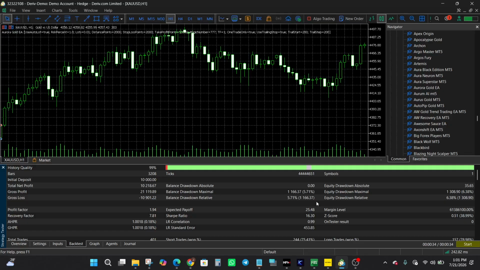Now I want to be clear that this is historical testing performance, and it is not a projection of what happens going forward. This reflects one broker environment, one specific window, and one set of settings. The spread conditions, slippage, and broker execution can all shift these numbers on a different account, so you want to keep that in mind.